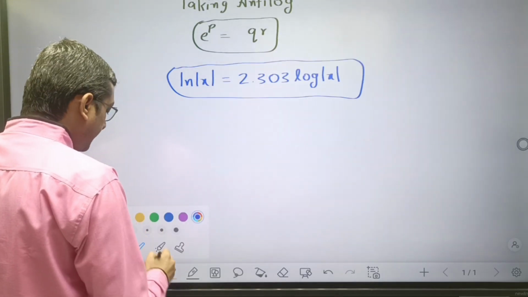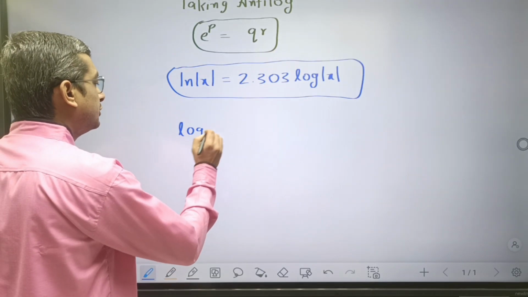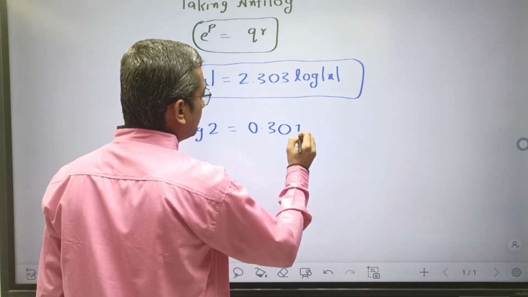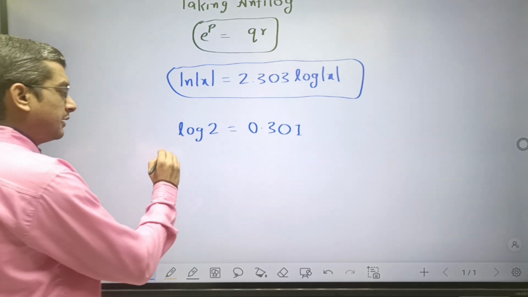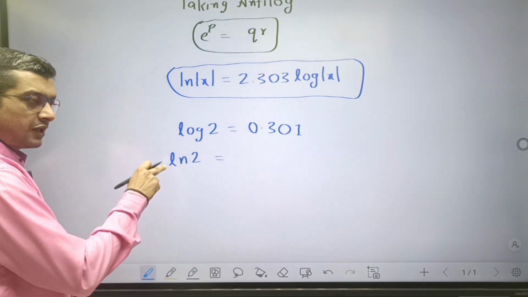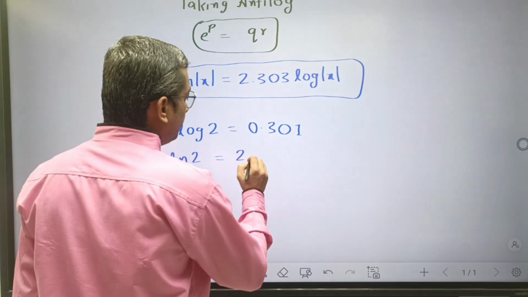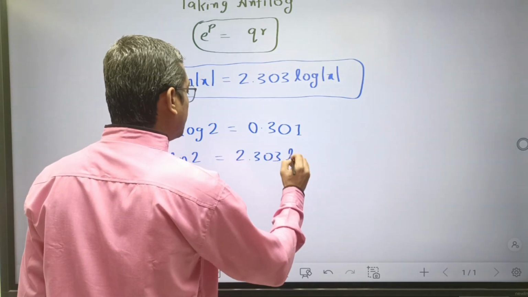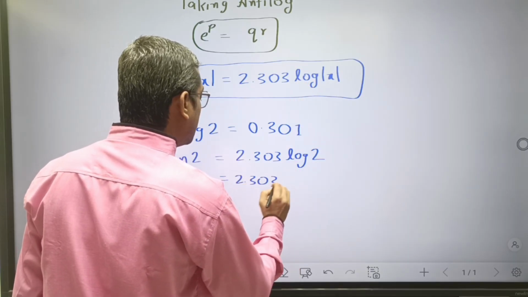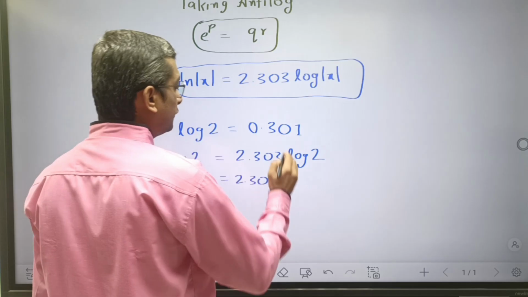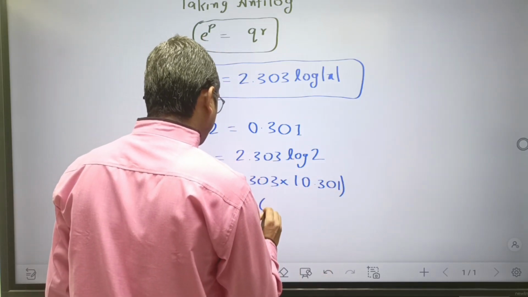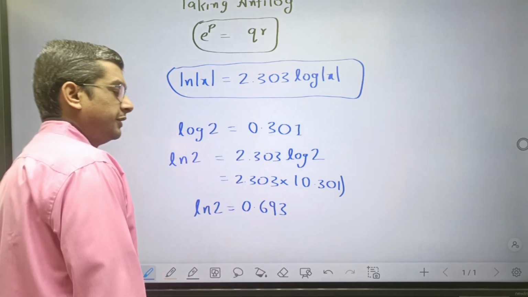The value of log 2 is 0.301, since this is base 10. Now if I wish to find log base e of 2, that is ln 2, the natural log of 2, then we can find it as 2.303 log 2 using this formula. So we have 2.303 multiplied by 0.301, and the final answer is 0.693, isn't it?